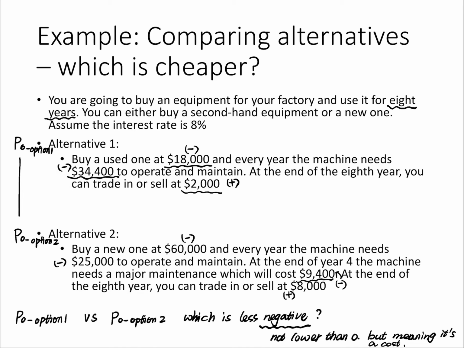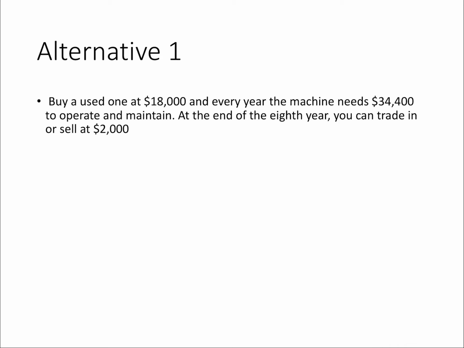Clear? And now what we want to do is, first we deal with the first option. We draw the diagram, we convert the different types of cash flows back to the present time, and then we sum all the present time values together to get a total present value for option 1. So the first thing, you draw a diagram.